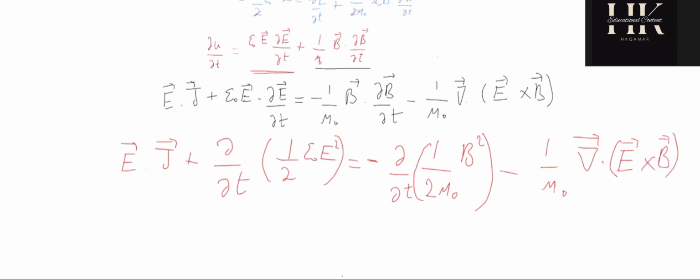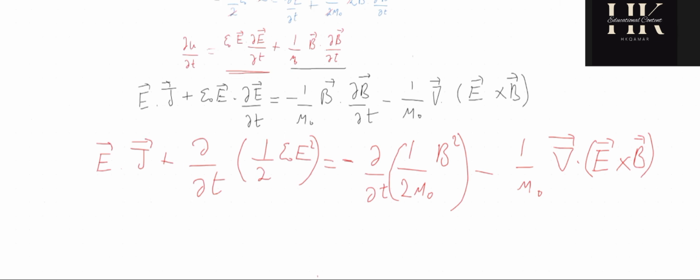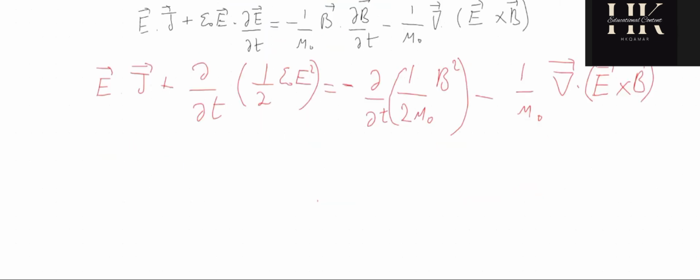So we have E·J, and we will arrange this equation to get the value of ∂u/∂t, and we also have the Poynting vector S. By rearranging, we will take E·J on the right-hand side, where it becomes negative, and we will arrange it so that the time derivatives come together.